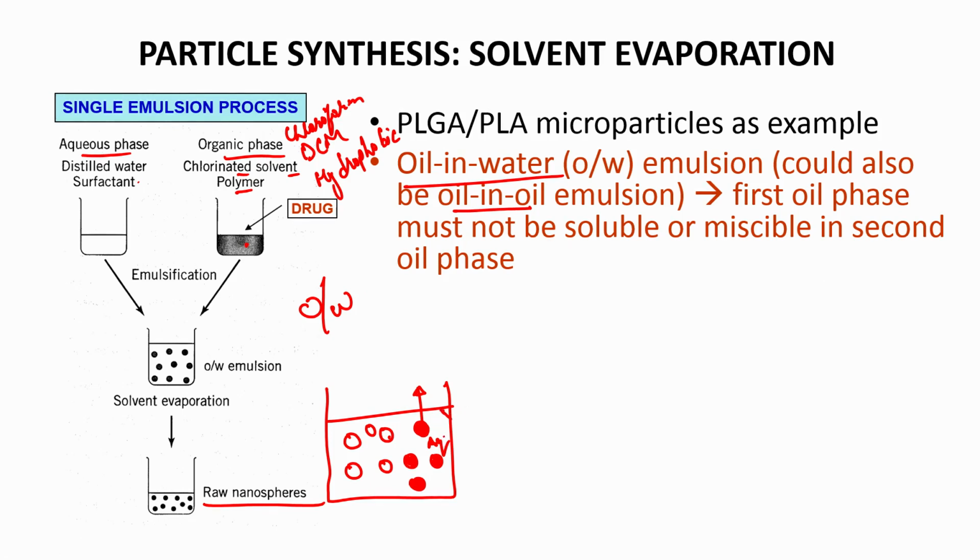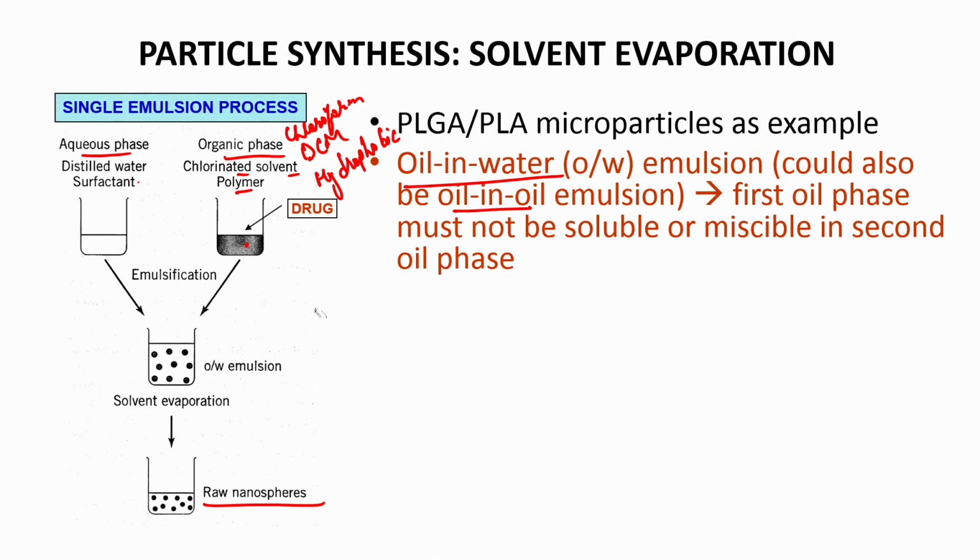You may decide to use, instead of aqueous phase, another oil, but this oil is immiscible with the other oil. In that case it will be oil in oil, but again this is typically not used for applications related to the body, because we always want whatever particles are made to be able to interact with the water, and so one of the phases is typically aqueous.